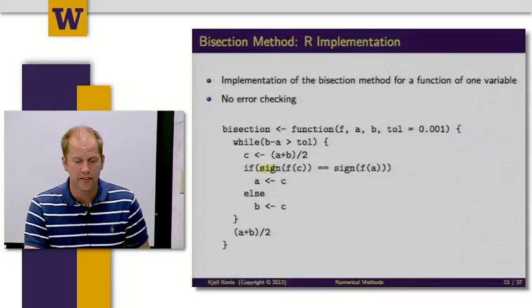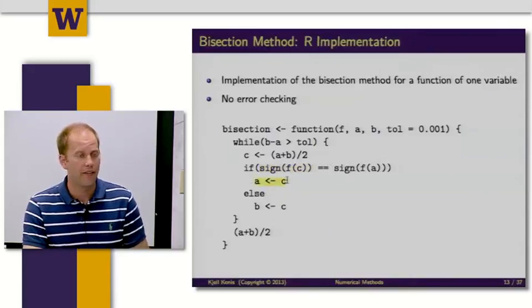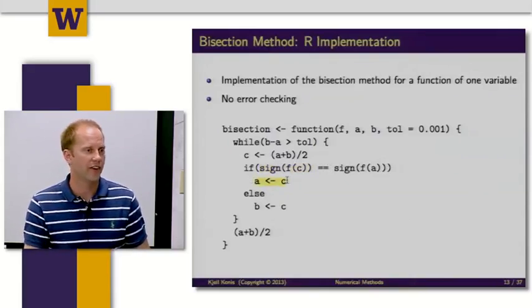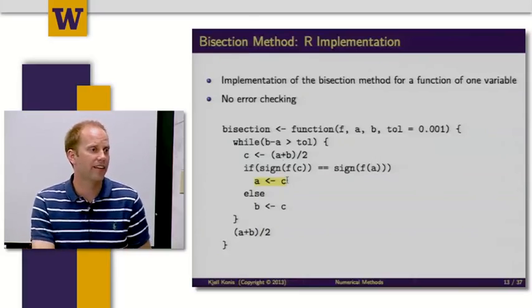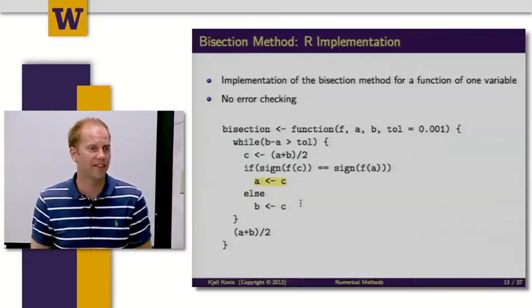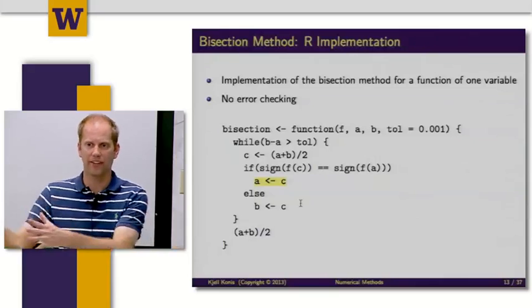So if the sign of f of c is equal to the sign of f of a, then c is assigned to a. So I chop off the lower half of the interval. And the only other possibility, if they have opposite signs, is that I want to chop off the other half of the interval, because it's a very simple algorithm. You lose this half or you lose this half.